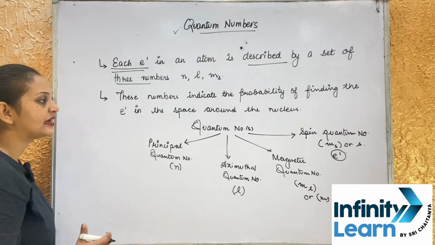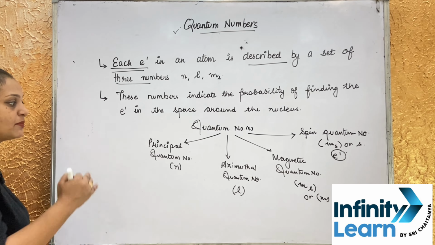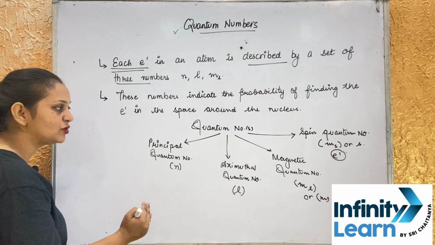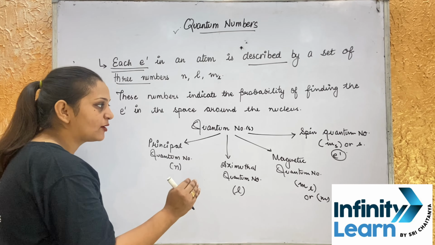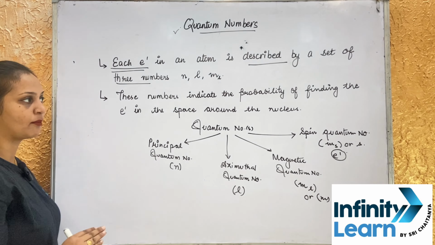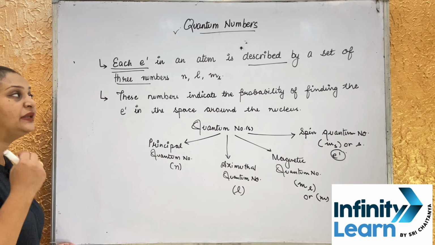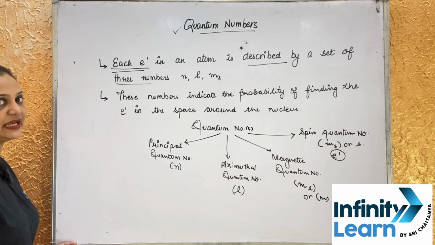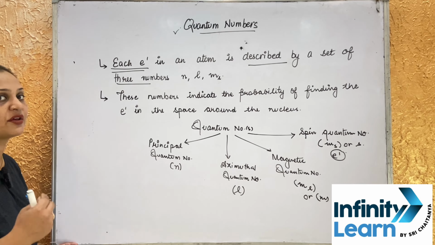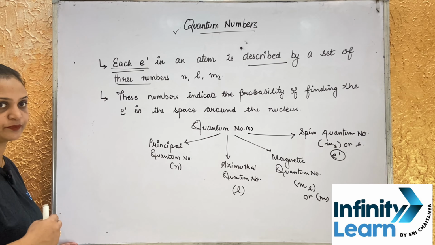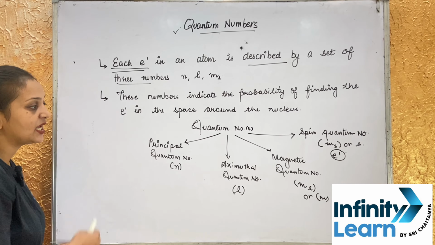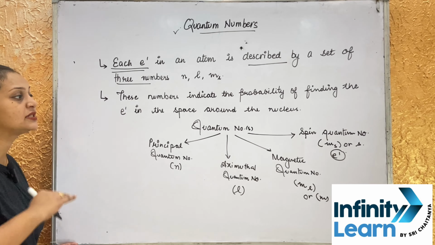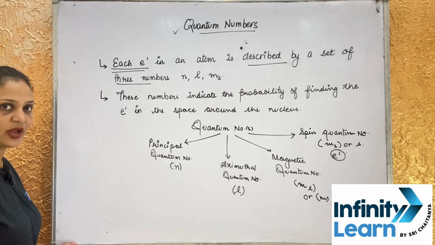So these are four quantum numbers: principal quantum number, azimuthal quantum number, magnetic quantum number, and spin quantum number, that gives us complete detail about an electron present in an atom around the nucleus. Now we shall study these four quantum numbers one by one in our video ahead.